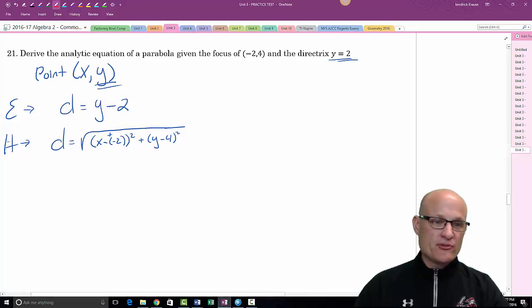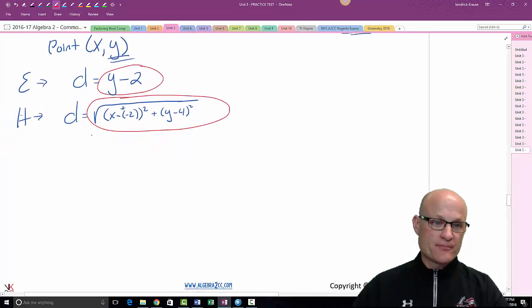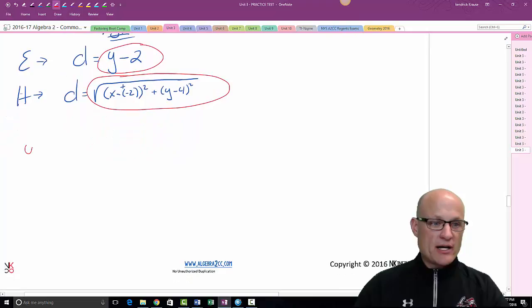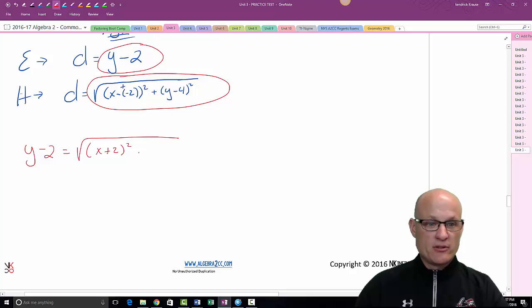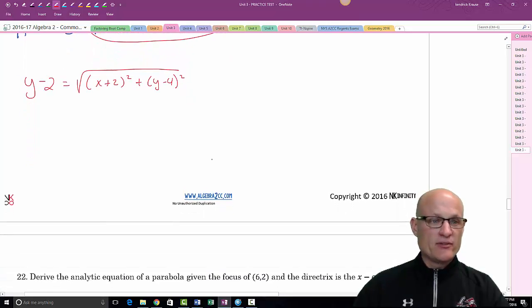So if this is true, this has to equal this. So I end up with y minus 2 equals the square root of x. I'm going to change this to plus 2 now. Plus y minus 4 squared. I'm going to square both sides. Double distributing stuff. Lots of double distributing here. I hope you're getting good at it.